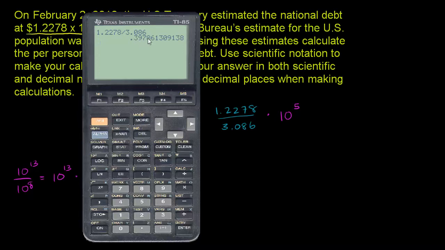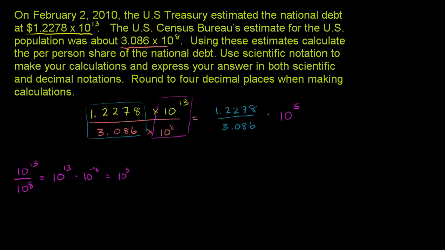Let me put it on the side so I can still look at it. So this little dividing decimals problem results in 0.3979, and of course times 10 to the 5th.